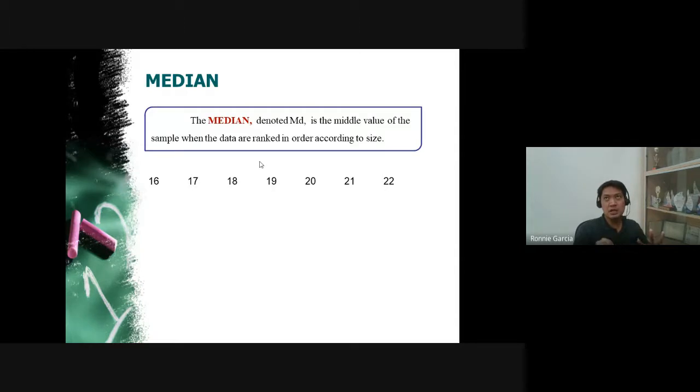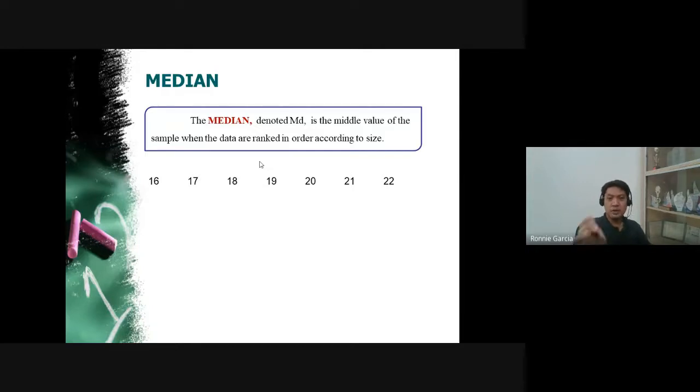So this is the first step, and usually ito siya yung hassle part sa median kasi kailangan mo siyang i-arrange. Pero afterwards, kung arrange na siya, very easy na ang pag-determine. It's because you will just look at the center, the middlemost value.